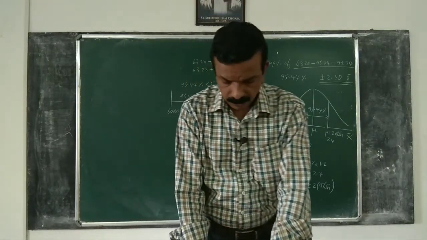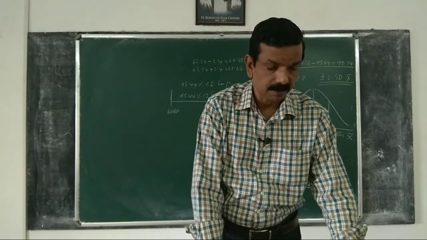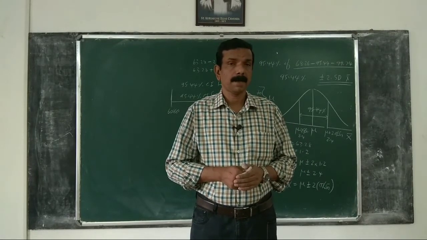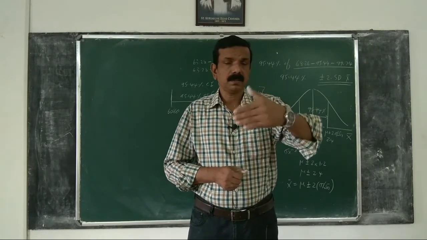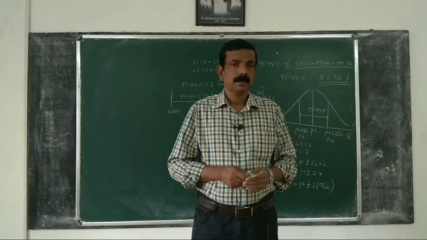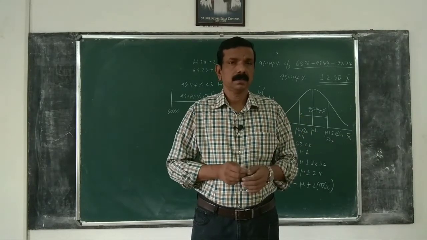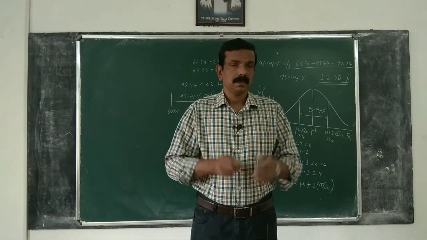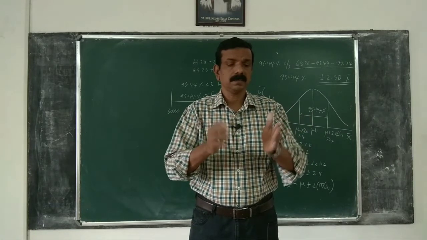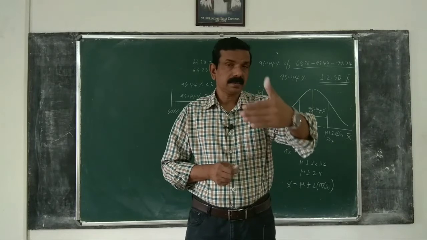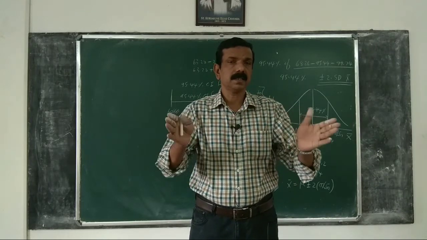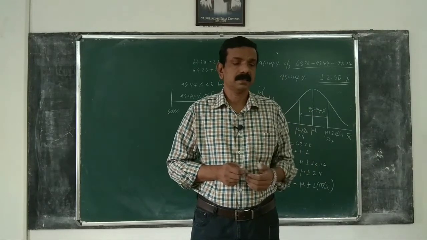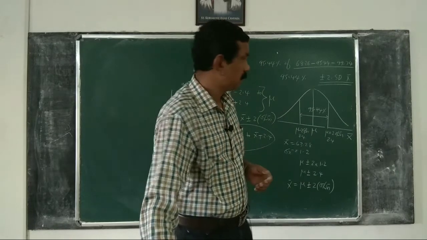So what we do in the context of interval estimation is, instead of depending on a single estimate, we construct an interval around the estimated value by using 2 or 3 standard deviations on either side, and we say with some confidence that the parameter will lie in this interval.